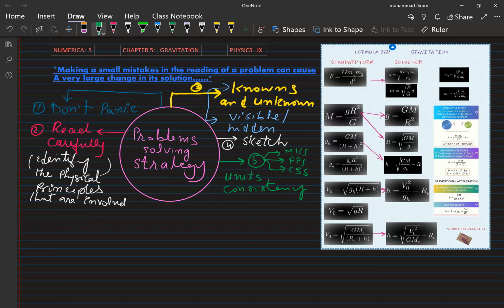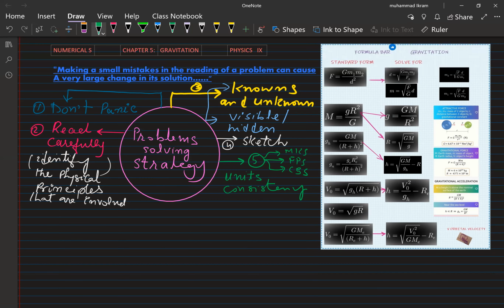If, for example, a time is given in minutes, you need to change it into seconds. If a length is given in centimeter or millimeter or kilometer, then we need to express it in meters. So unit consistency checking is very important. If you do not follow this rule, definitely you will come across a wrong answer. All the units must be MKS.